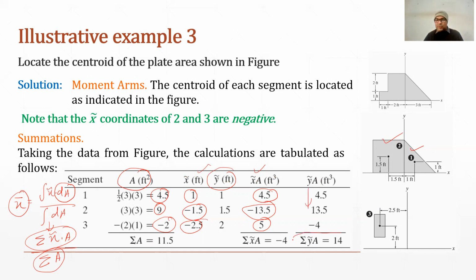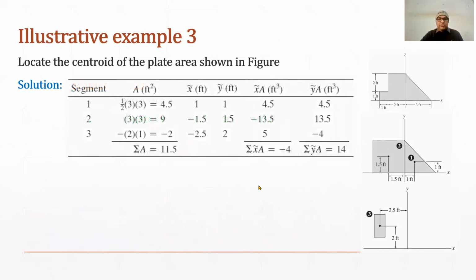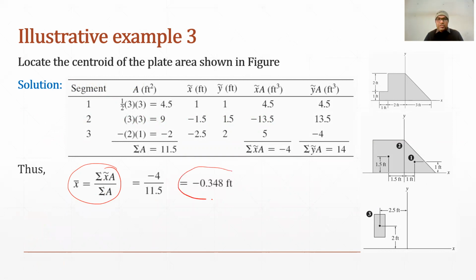So we have already calculated the sum here and here, and this is the sum of area. So now we can find out the coordinate of the whole figure. So the coordinate of the whole figure, as I said, this will be the formula, and it is based on equation 5. So putting all the values, x bar is minus 0.348.